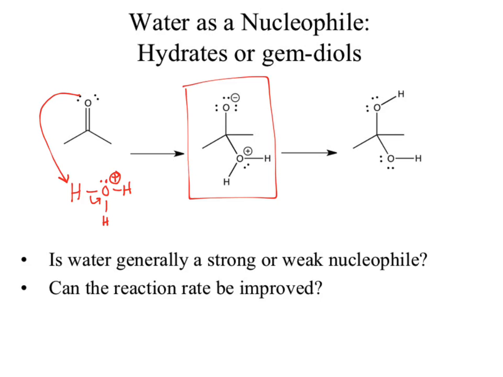What is the result? Do I have a nucleophile in that reaction? No. Did I change the nucleophile? What's the next step?